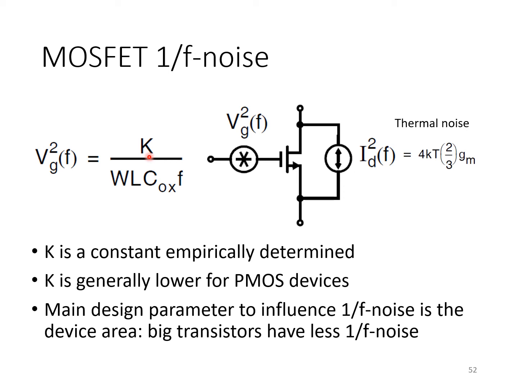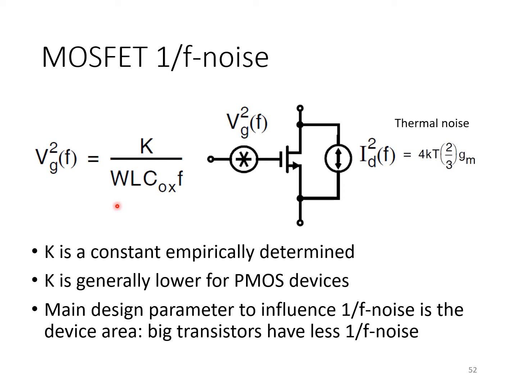In fact, it's generally lower for PMOS devices and is really empirically determined by fabricating MOSFETs and measuring their 1/f noise. So that's a kind of proportionality constant in the numerator.